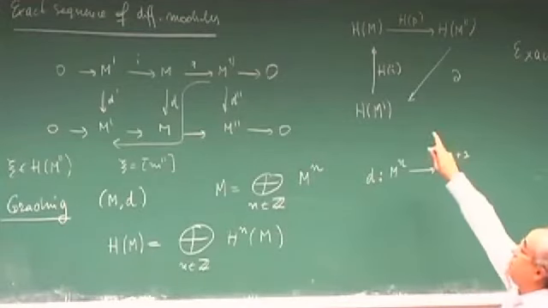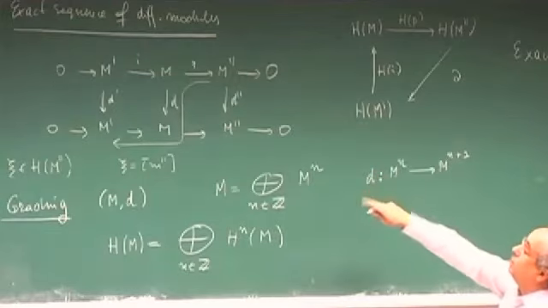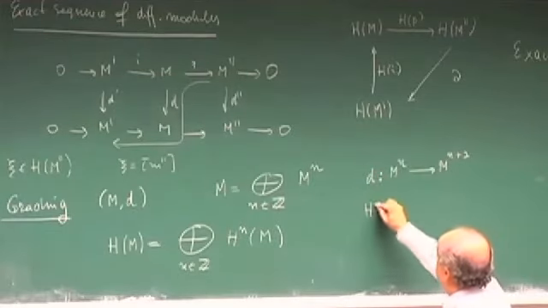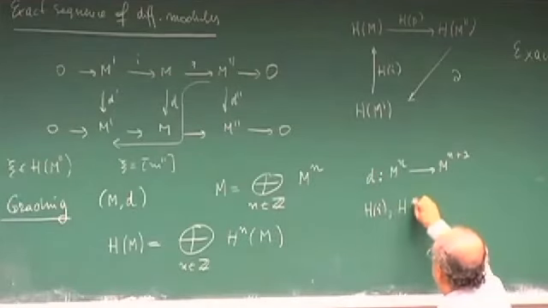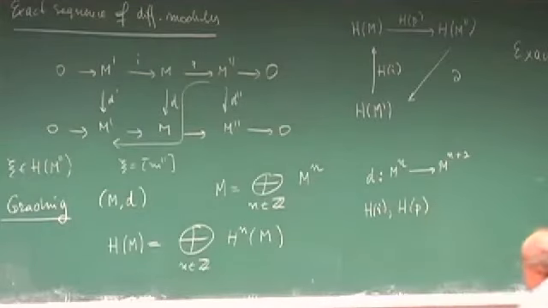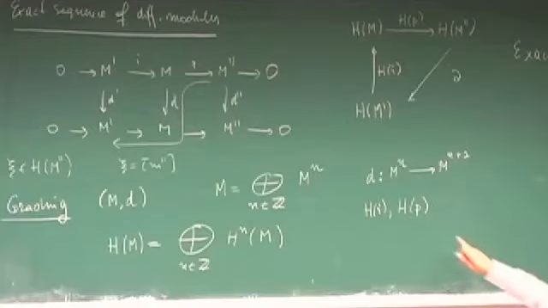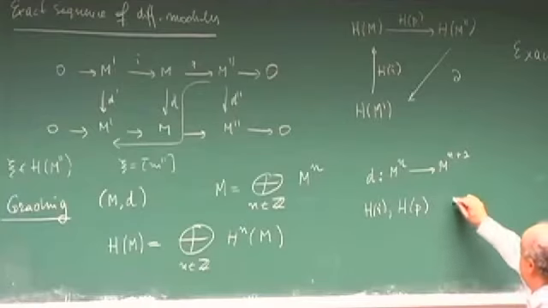In particular, if we consider this situation, I mean an exact sequence of differential modules, it's very easy to check that the two cohomology morphisms that we associate with i and p are of degree 0.